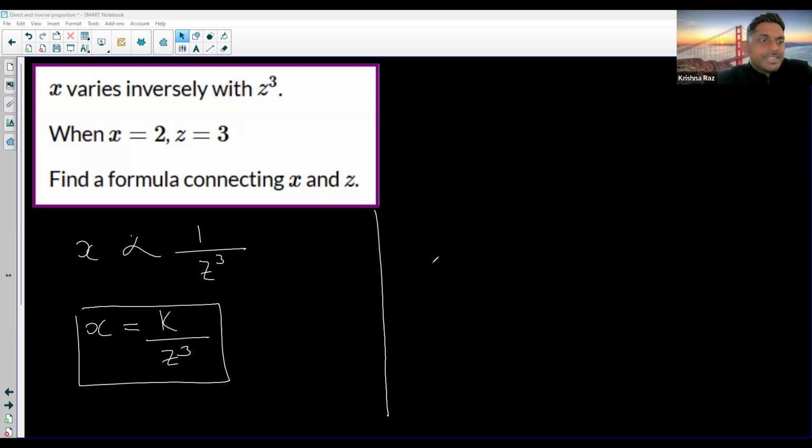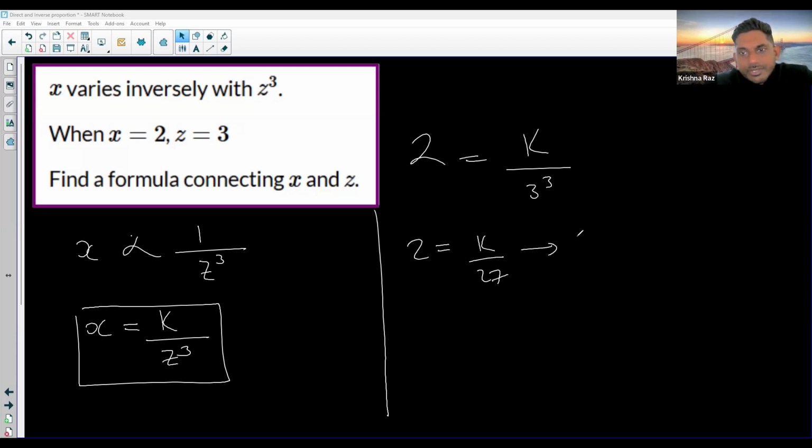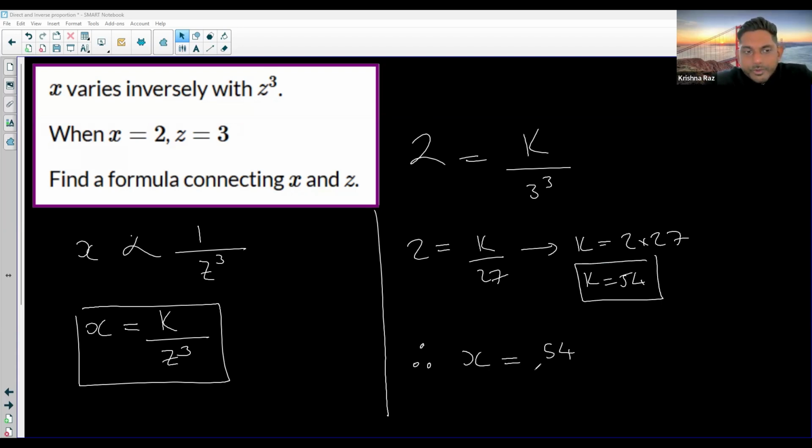Now let's find K. When X is 2, Z is 3. So that means 2 equals K over 27. So K equals 2 times 27, which is 54. Therefore, X equals 54 over Z cubed. I hope that's been useful. See you again soon.